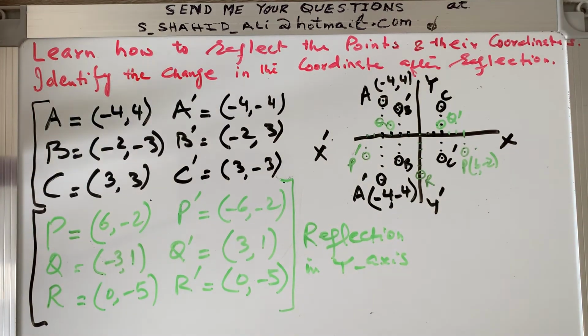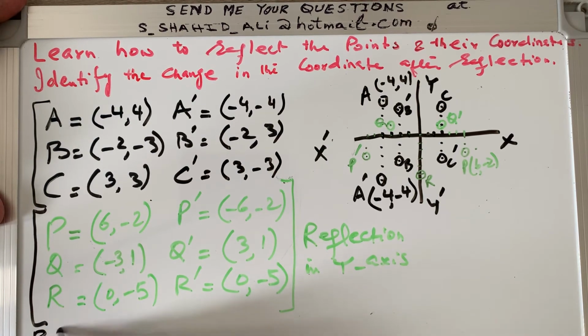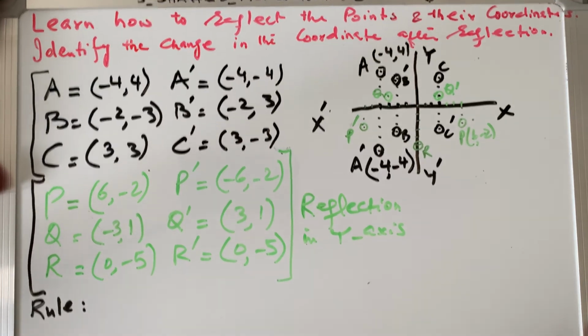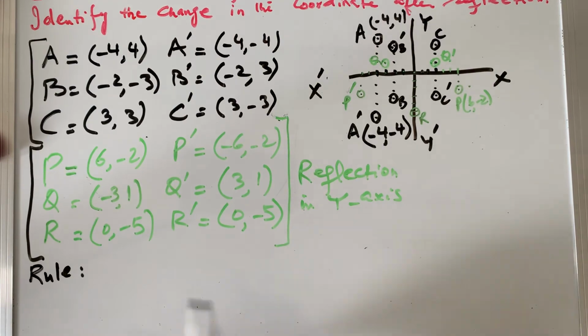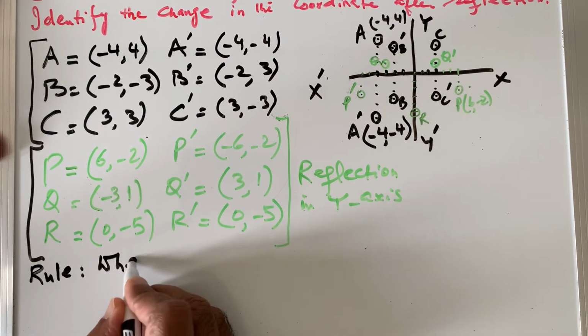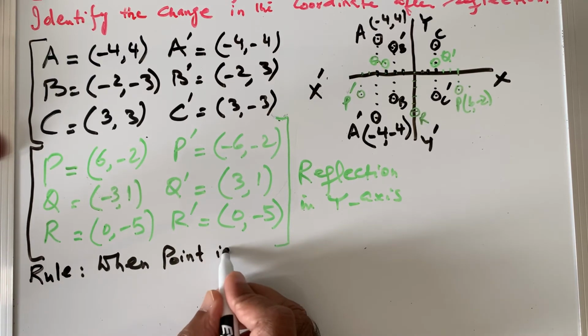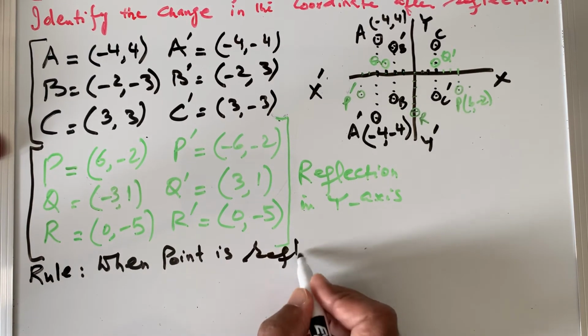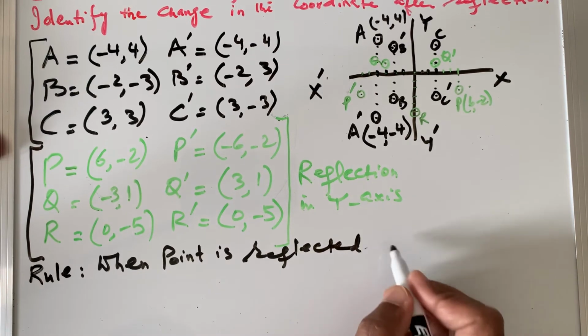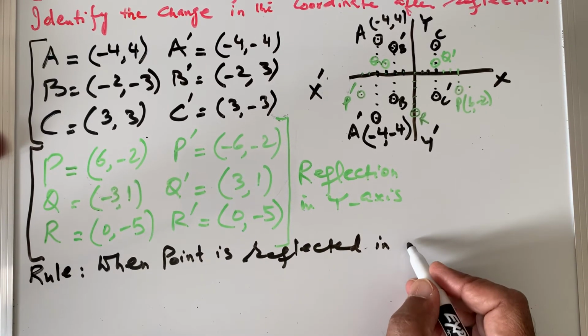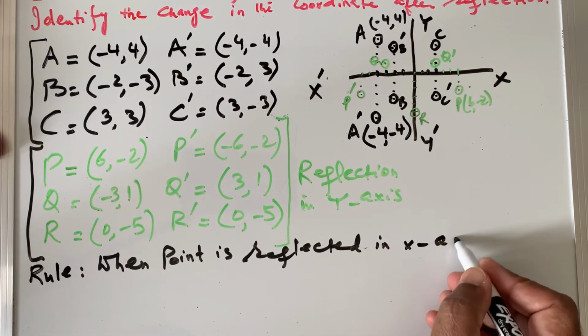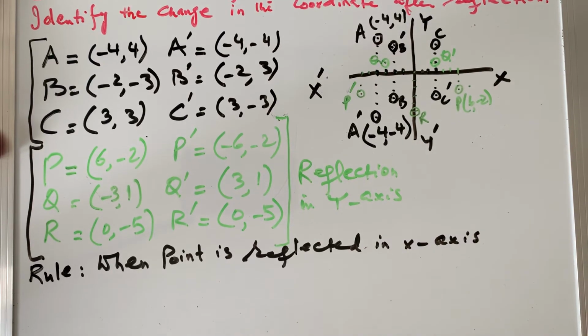Because you now understand how reflection is working. So when the point is reflected in the x-axis, I will write the rule, right? Rule. So what is the rule? When a point is reflected in the x-axis, the x coordinate stays the same.